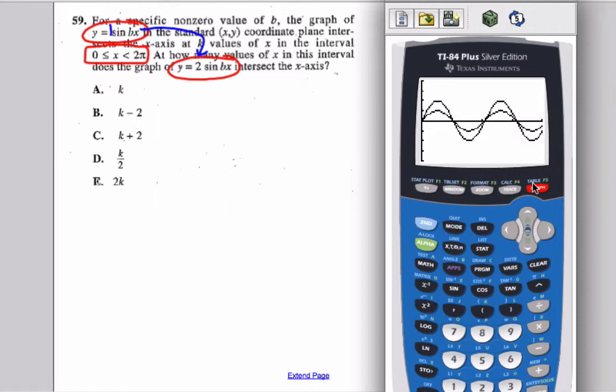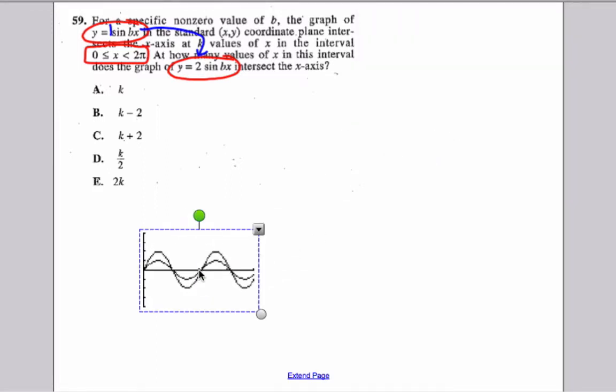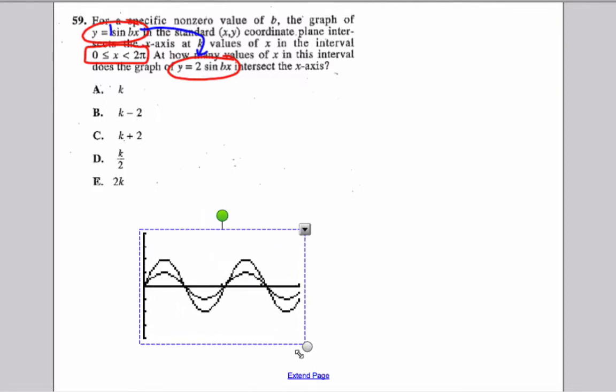Notice the only difference between these two graphs. Just zoom in here so you can see it. It's the exact same graph, same high point, same low point, and then high and then low.